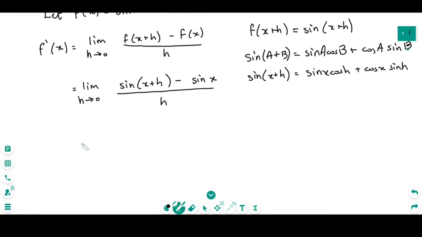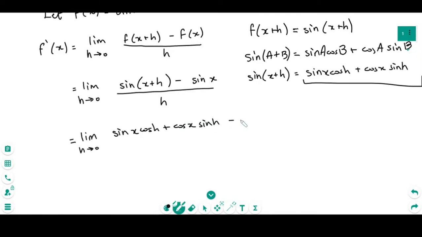Okay, so let's now incorporate that. So we replace sine of x plus h with this. So sine x cos h plus cos x sine h minus sine x all over h.